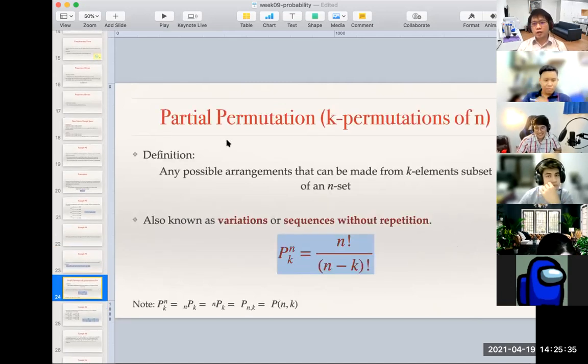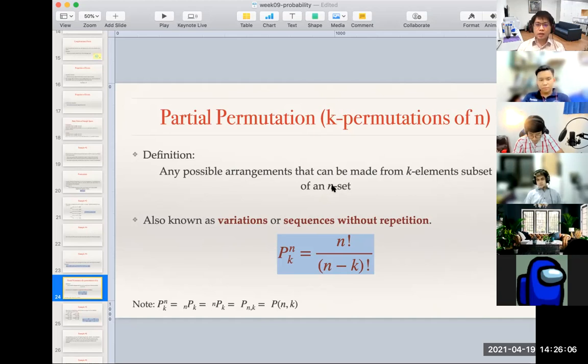So there's another type of permutation known as partial permutations, or k-permutations of n. What does it mean? For partial permutations, you need to create any possible arrangements, any possible sequence, that can be made from k elements, in which these k elements are a subset of an n set.